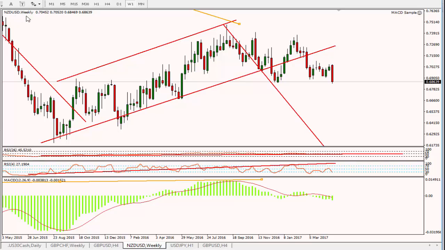This is a weekly chart, so one candle represents one week's activity of trading. So looking at this weekly chart here and this one weekly bar, we can see that all these weeks in between here were very, very choppy.